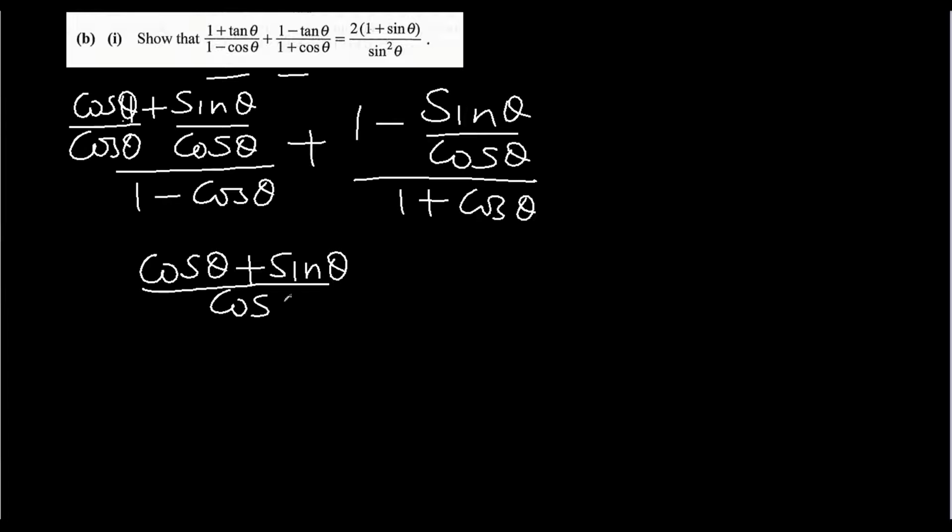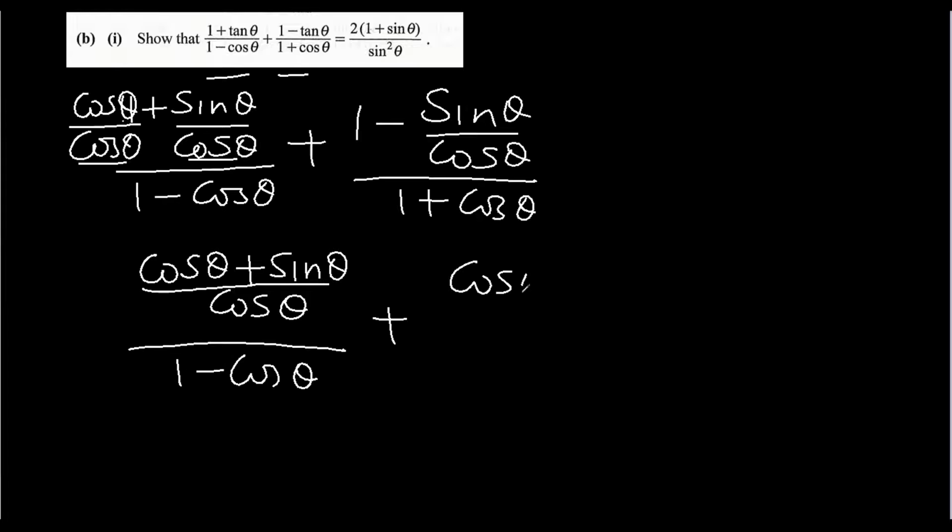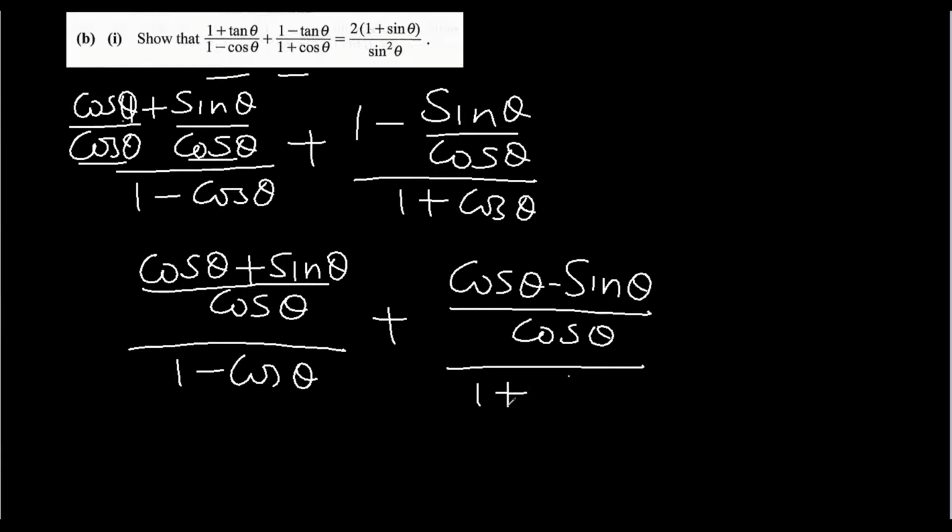Because both of them have the same denominator now, cos theta and cos theta, we can join them. Now we have over 1 minus cos theta plus, similarly here, cos theta minus sin theta over cos theta over 1 plus cos theta.